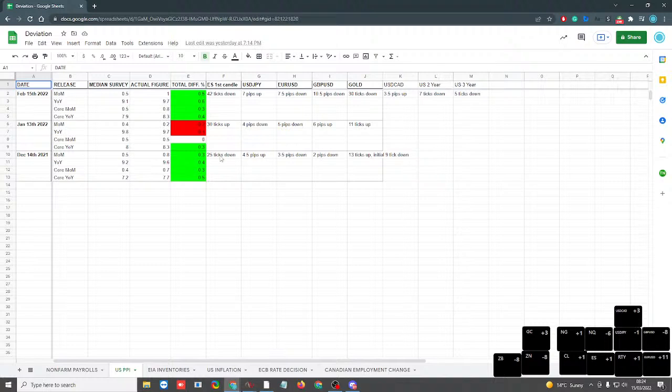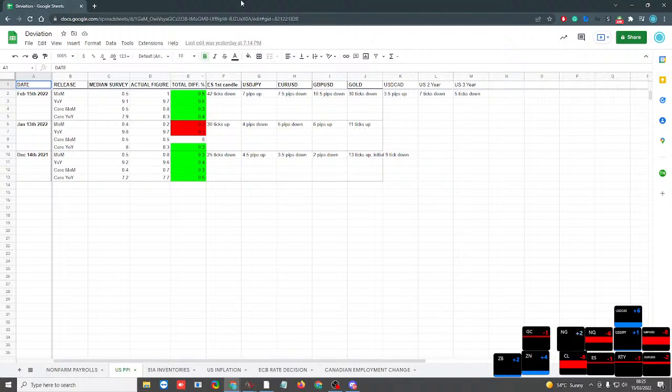So it's about 25 ticks down on the S&P, 4.5 pips up on the dollar yen, 3.5 pips down on the euro dollar, and on cable about 2 pips down. Gold had seen an initial move towards the downside, about 9 ticks, and then we'd seen that move back towards the upside for a total of about 13 ticks altogether on that first candle.